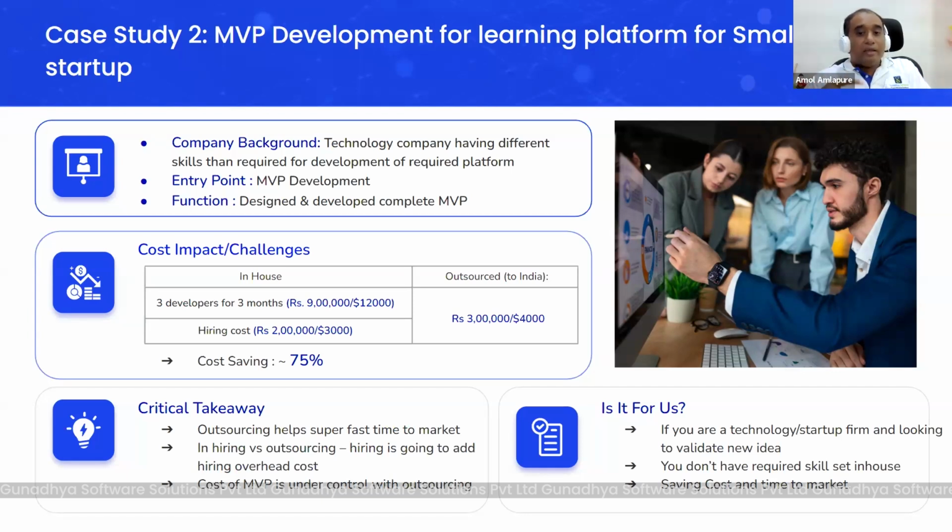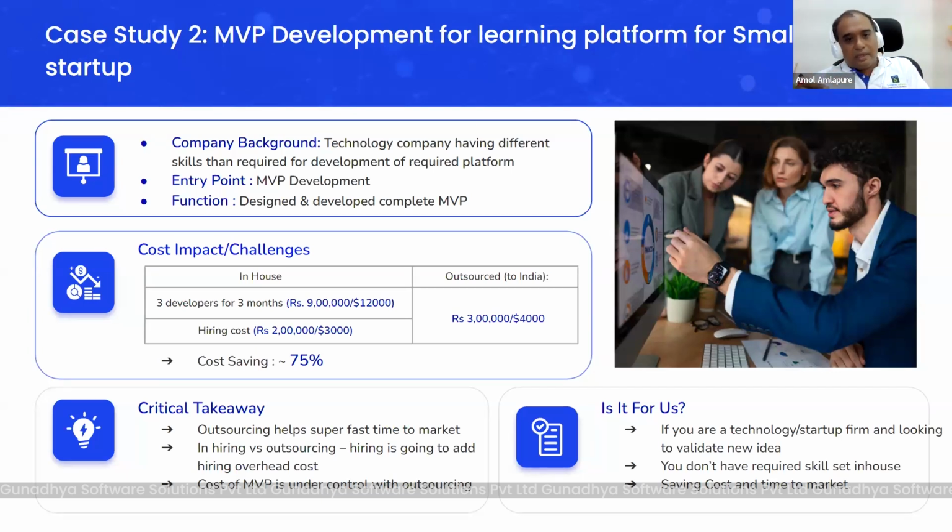Again, hiring will add to your additional overhead cost. And for the MVP phase, keeping cost under control or fixed is a very important thing, and outsourcing will help you with that requirement, right?